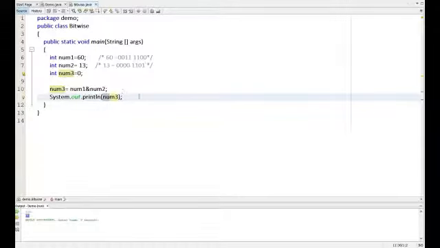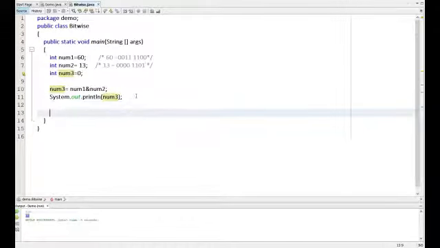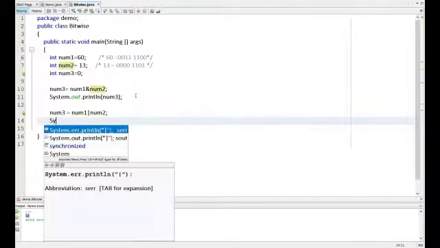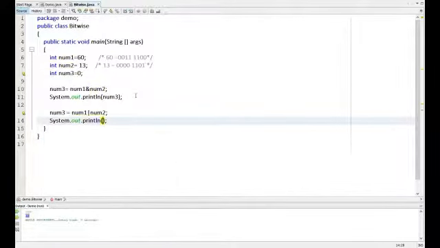The second bitwise operator is the bitwise OR. We say num3 equals num1 OR num2. You might have already gone through logic gates where AND and OR exist, and we are going to use the same System.out.println(num3).